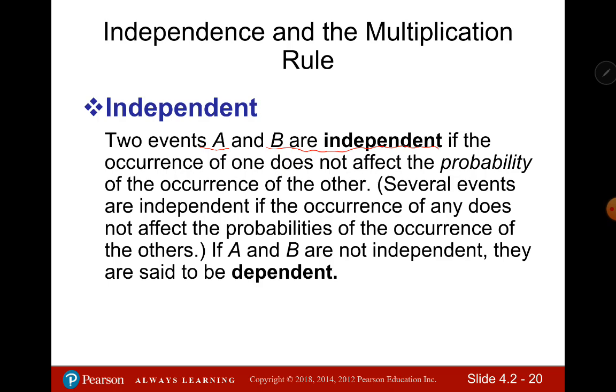But if A happening changes the probability of B happening, then we will say A and B are not independent. They are dependent.